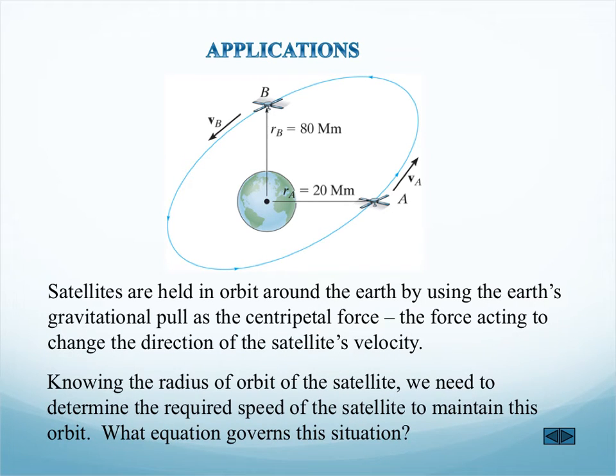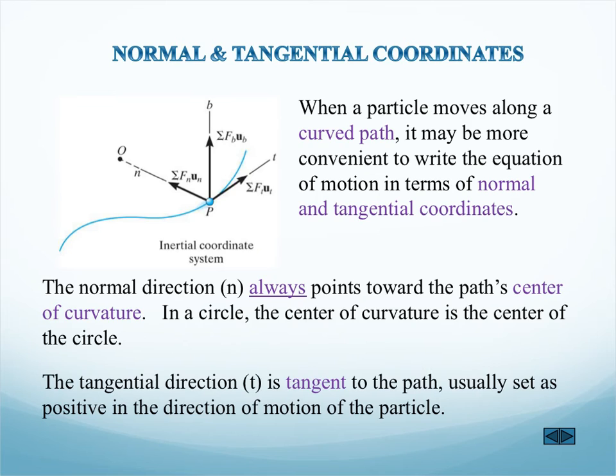So one example of that might be as we follow a satellite around the Earth. We can think about its tangential and normal accelerations, and we could view things from that point of view.